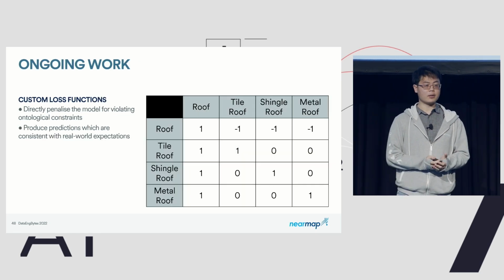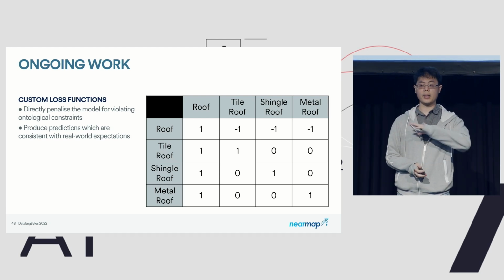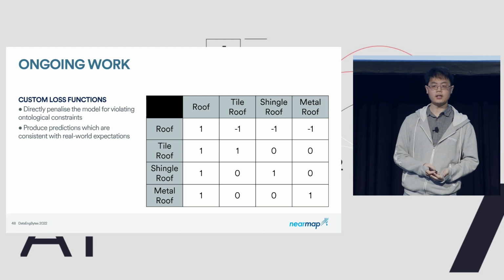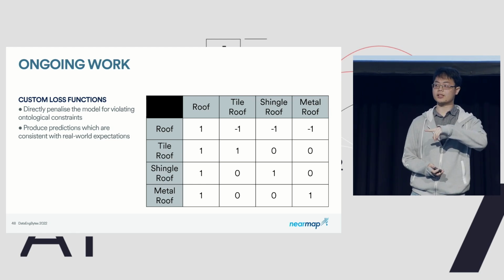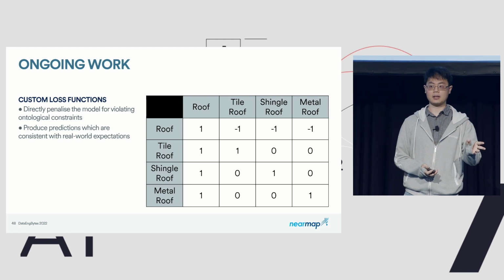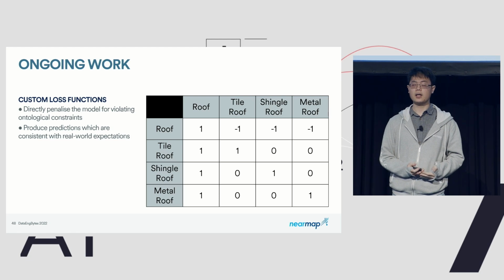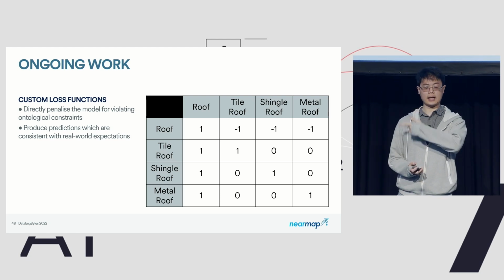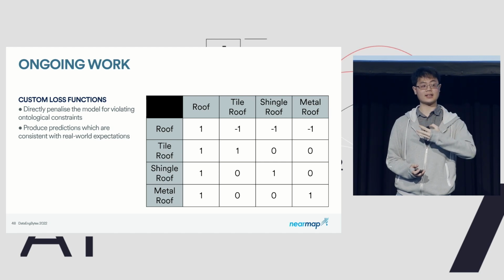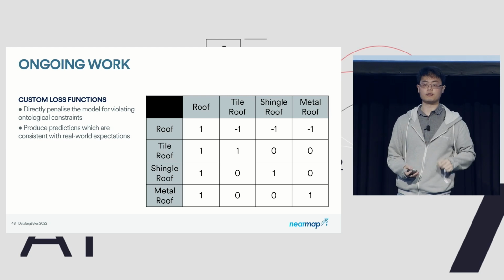There's a bunch of other things that we'd like to do with the ontology as well. One of the things you can do is to create an embedding. So this example over here is a matrix where a 1 indicates that if one class is present, then another class must also be present. So more specifically, if you look at the first column, what it's telling you is that if any of the tile roof, shingle roof, or metal roof classes are present, then you know that that same pixel is also a roof.